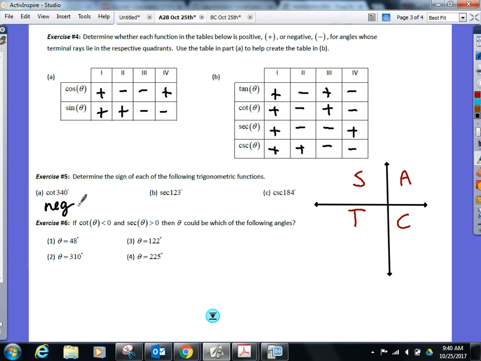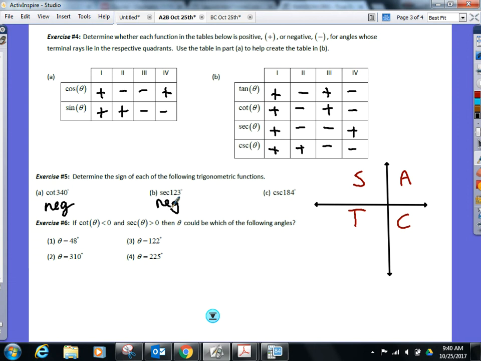Look back if you need to. I don't care. Sine and what's the reciprocal of sine? Cosecant. Are positive here, but I'm looking for secant. So what should I know about secant in the second? It's negative as well. Because the only two things that were positive you told me were sine and cosecant.